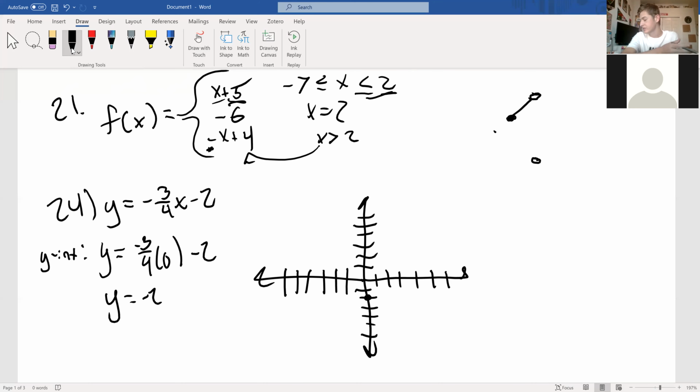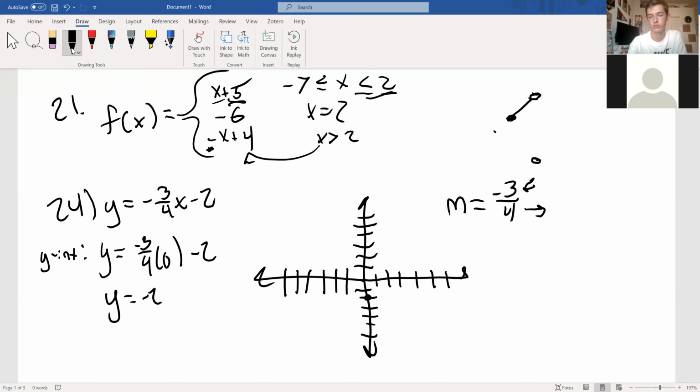Now that I have this initial point, I'm just going to use my slope to go to the left and to the right. Since our slope equals negative 3 over 4, that tells me I go down 3 and over 4.